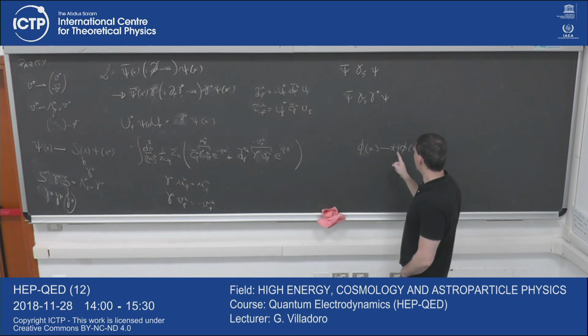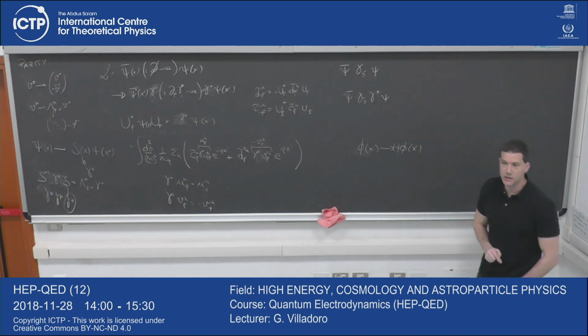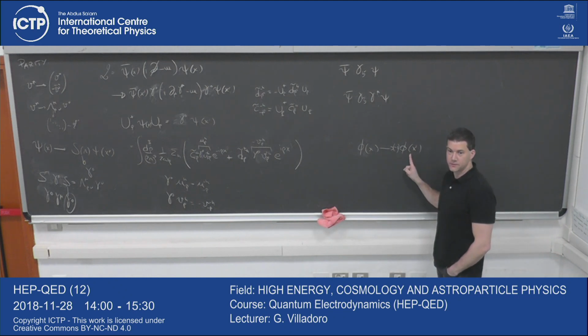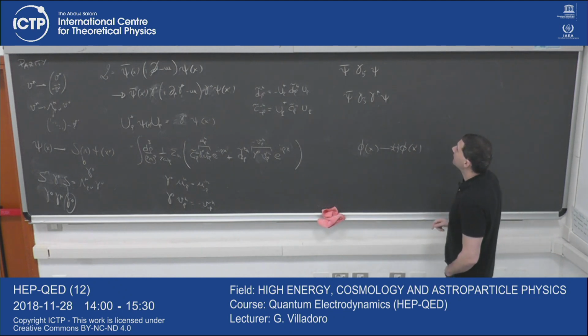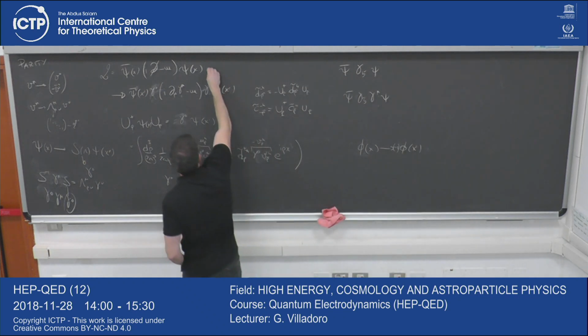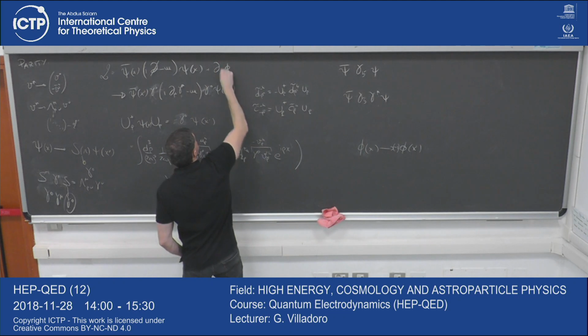Sometimes the theory is invariant only if phi of x transforms this way. For example, imagine that in my Lagrangian, that one, I also have a scalar field, a real scalar field.